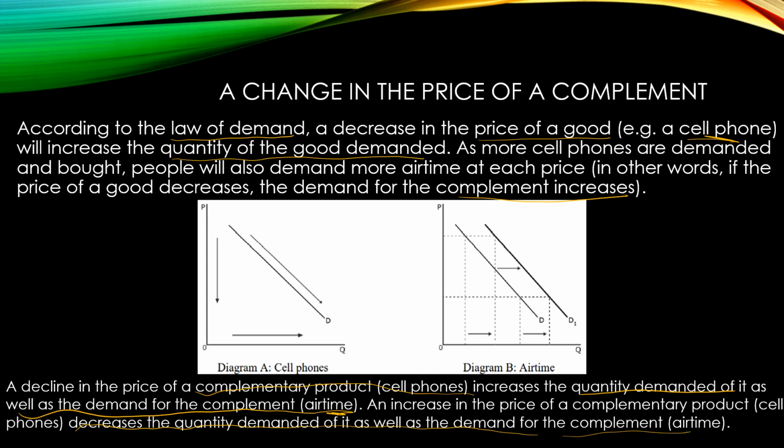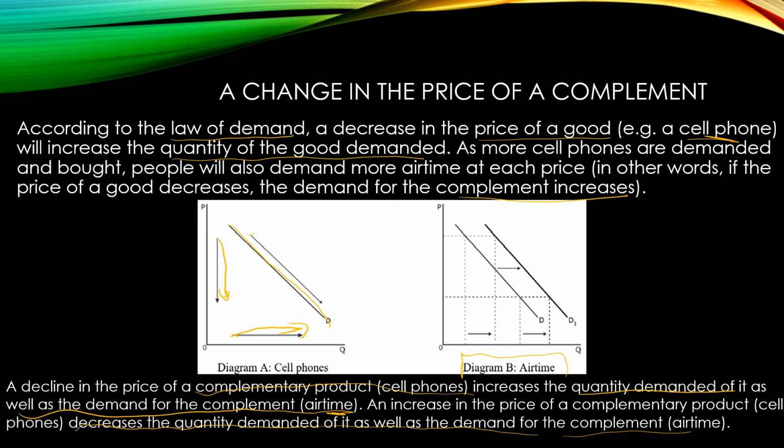So, as the price for cell phones decreases, the demand for it increases. This is the movement downwards along the demand slope. Now, the complement for it will be airtime.